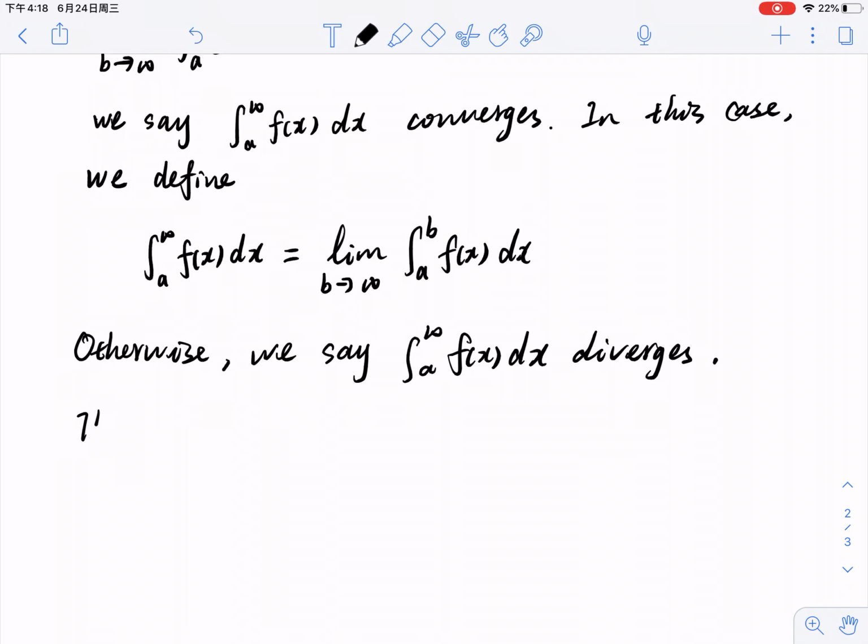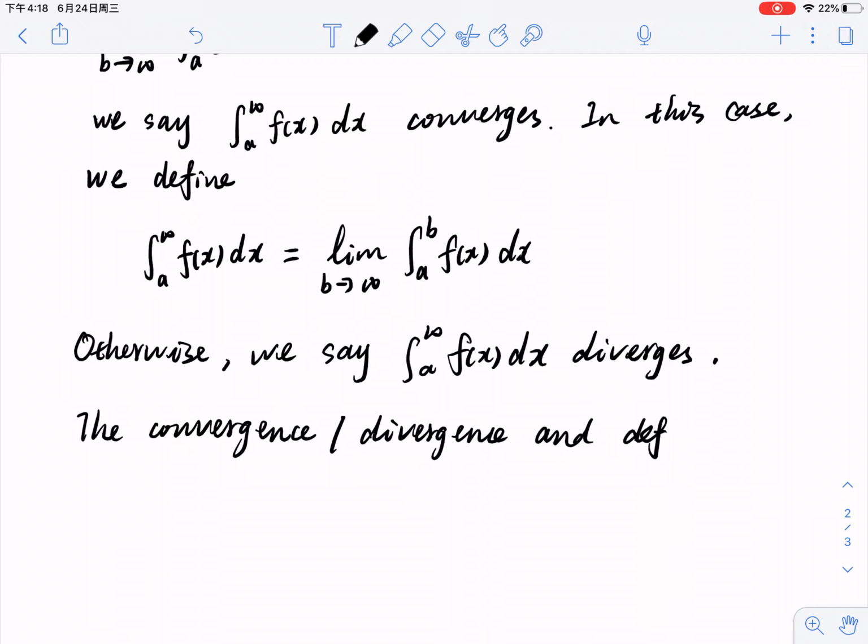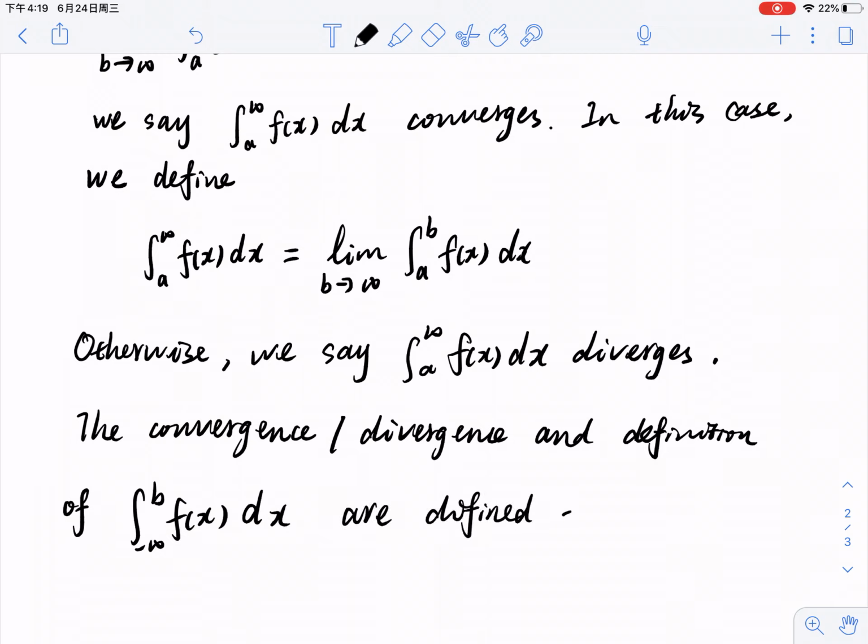The convergence or divergence and the definition of the integral of f(x) from negative infinity to b dx are defined similarly. This is the definition.